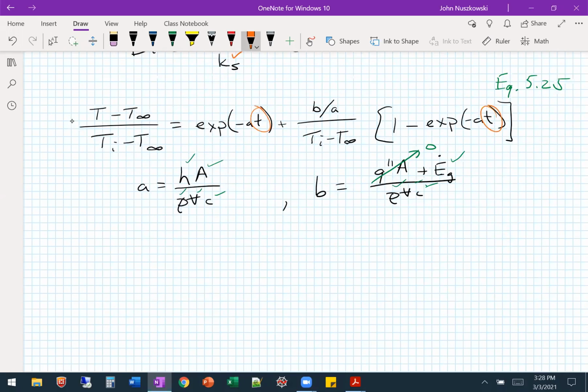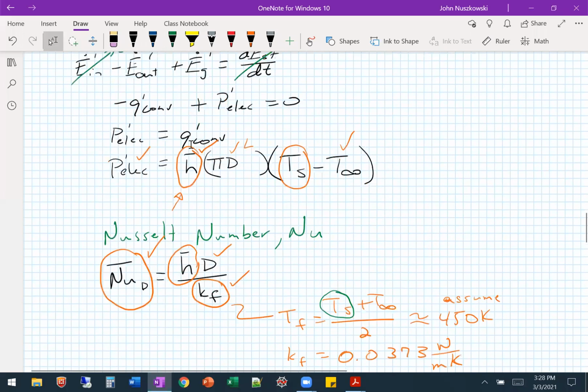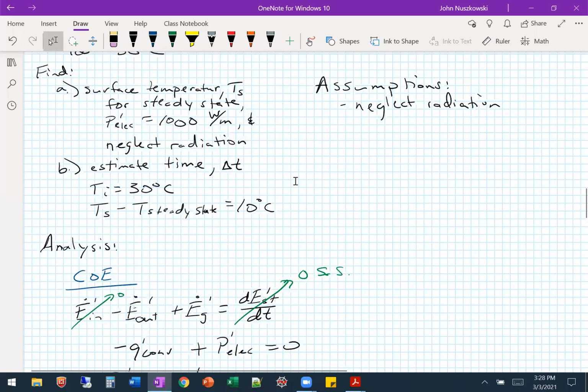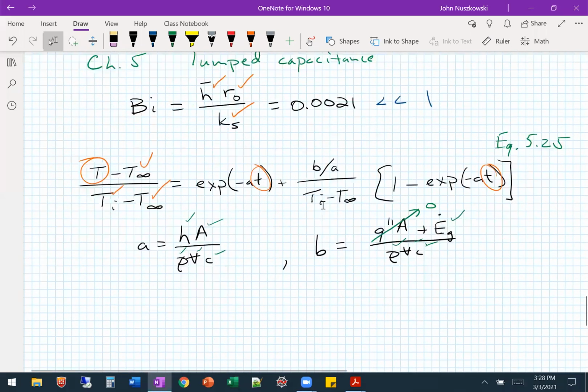We need to figure out temperatures, right? We have T infinity, initial temperature was given of 30. What temperature do we put in there? Within 10 degrees of the 612. Yeah, so in this case, it would be heating up, right? So we would have a temperature of 602 Kelvin, because when it reaches steady state, it'll be 612, right?